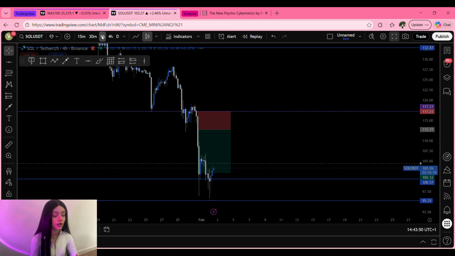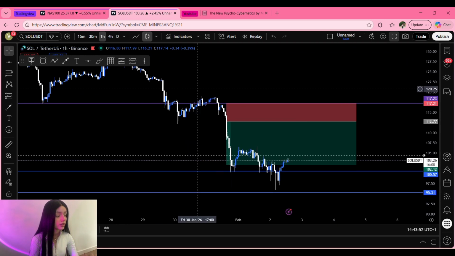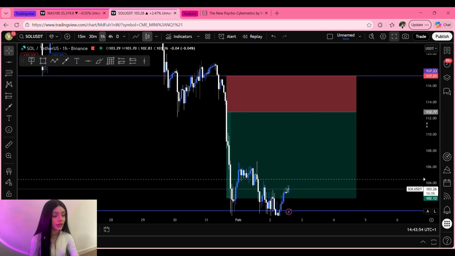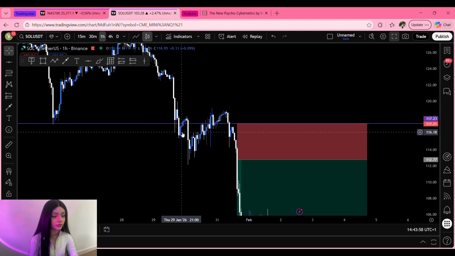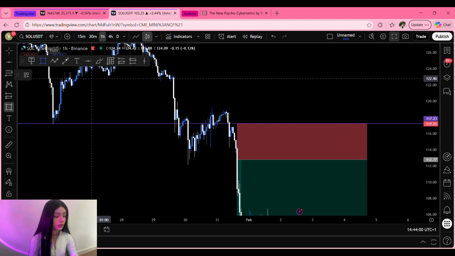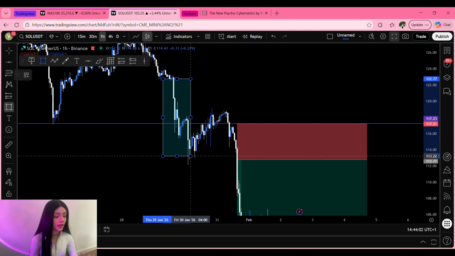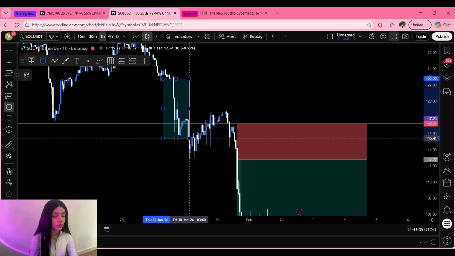Now let's go to the 1-hour time frame, and as we can see, the price dropped with this big move here, and I was analyzing the charts from here, right?